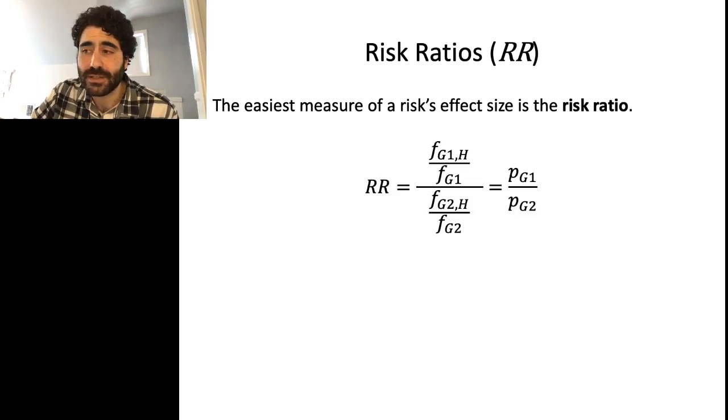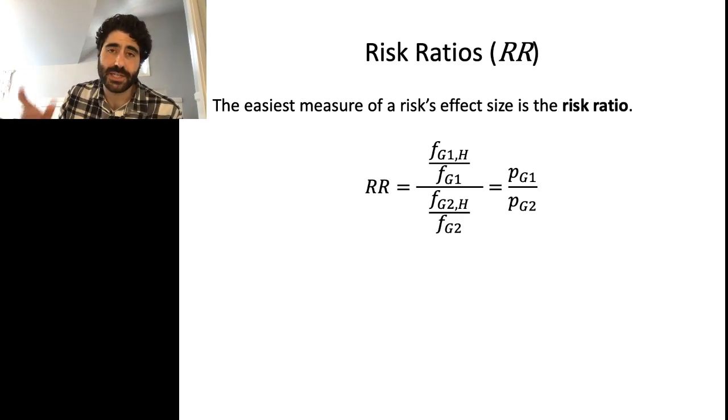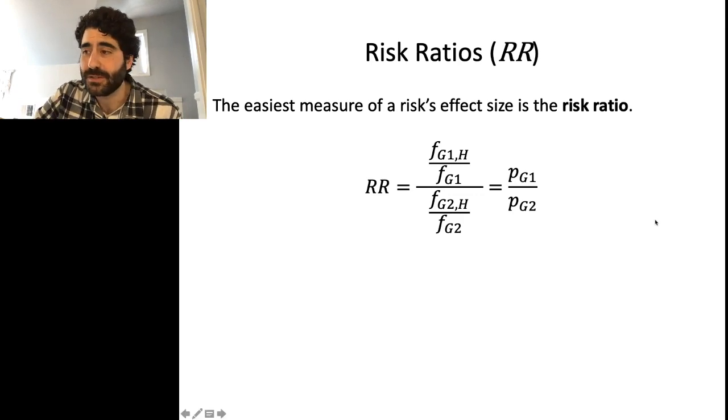To compute a risk ratio, we're computing the chance of this bad outcome in group 1 versus the chance of this bad outcome in group 2, right? So the numerator is, in group 1, how many hits were there compared to the total size of group 1? And the denominator is how many hits were there in group 2 compared to the total size of group 2.